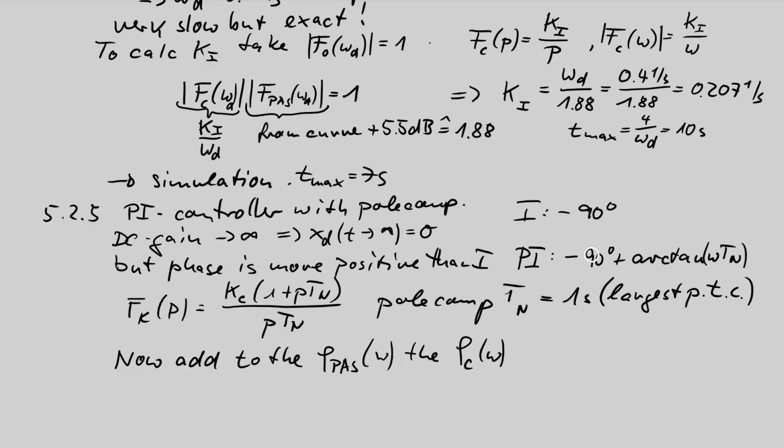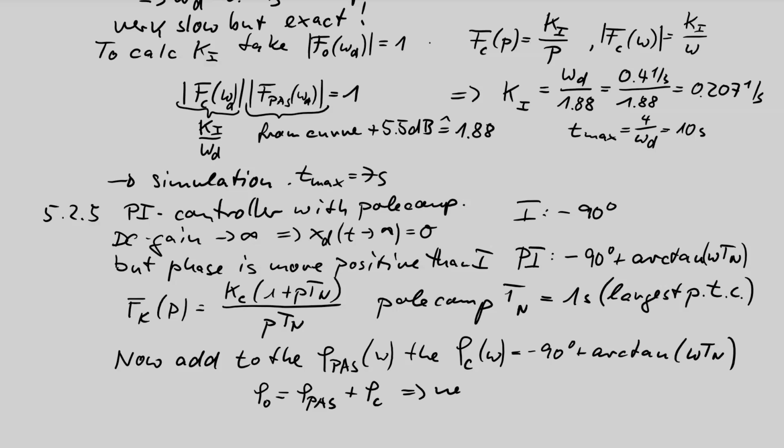Controller phase, which is written here, is minus 90 plus arc tangent omega Tn. Tn is selected to 1 second, so we can point by point now calculate the controller phase and add point for point to the given process phase curve. And this sum is then the open loop phase curve, process phase plus controller phase.